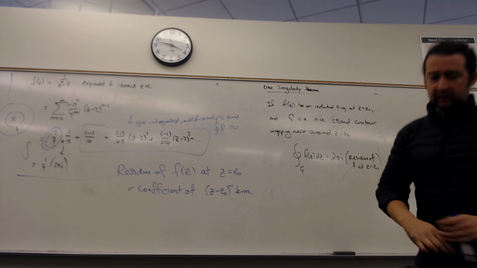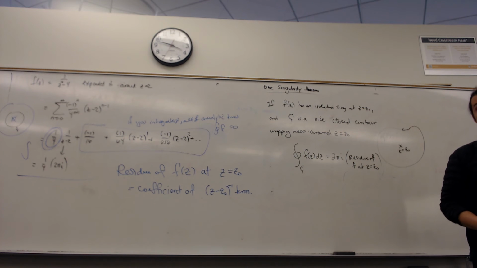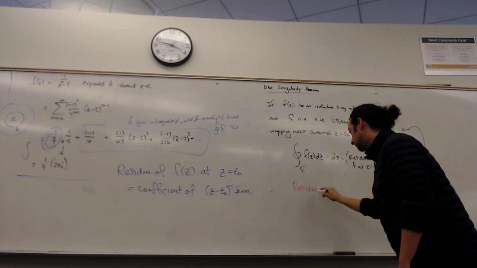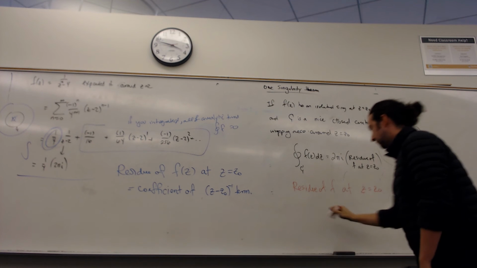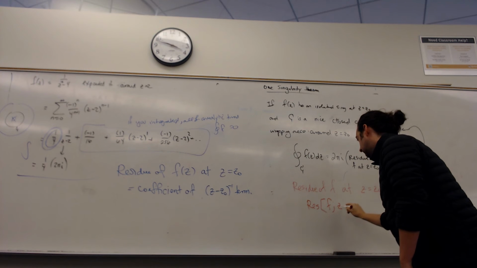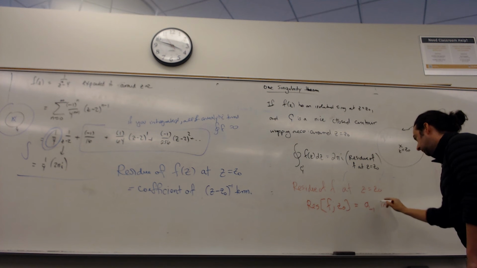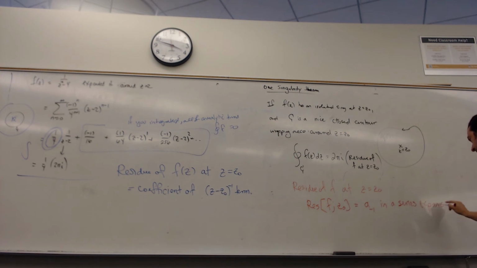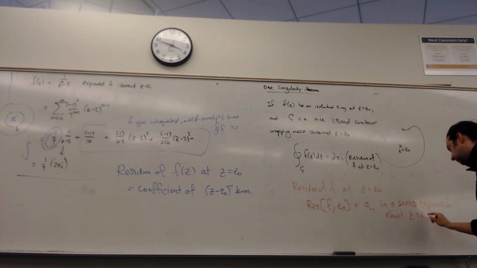I will say that instead of having to write the residue of f at z equal to z naught, this has a notation, which looks like res f at z naught, and it's equal to a minus 1 in a series expansion about z equal to z naught.